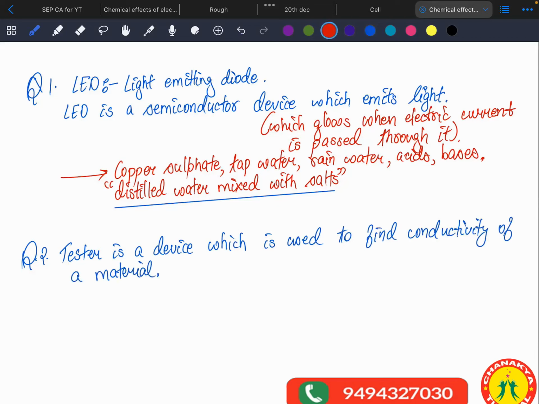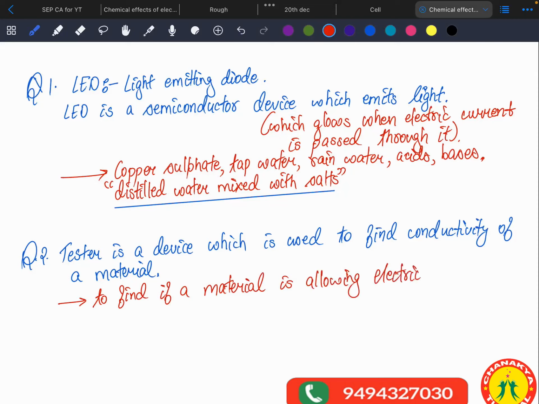Or write a simpler definition: a device which is used to find if a material is allowing electric current to pass through it or not.